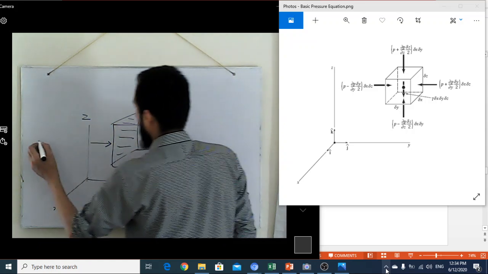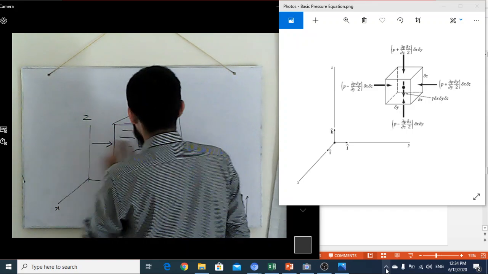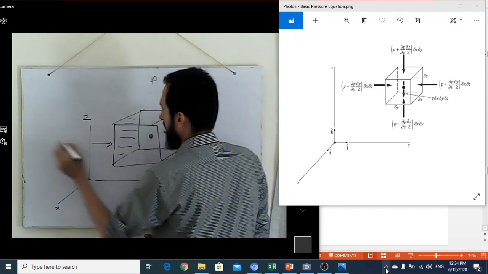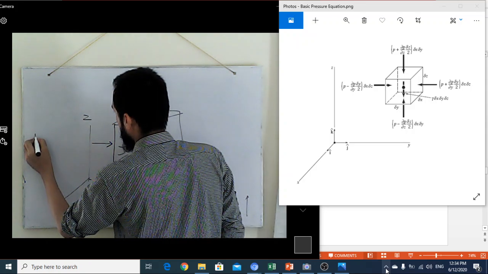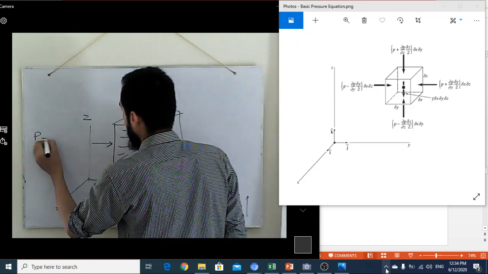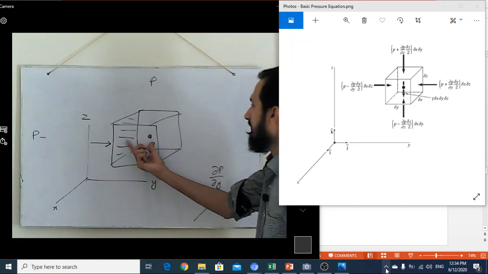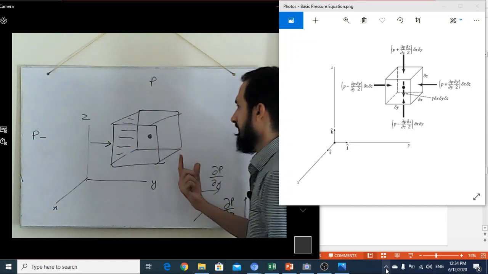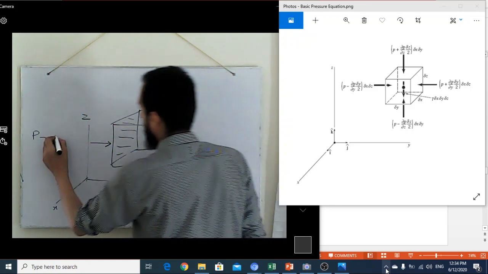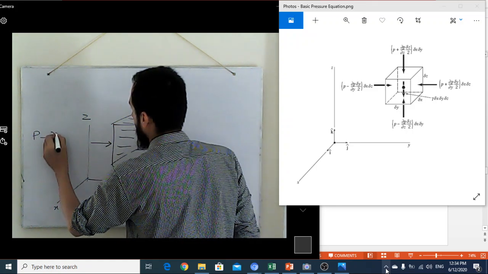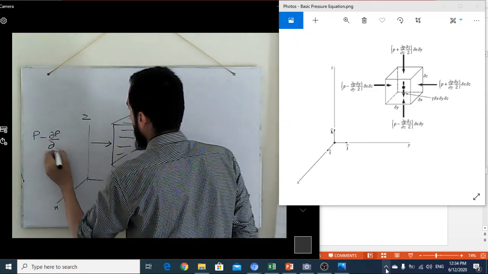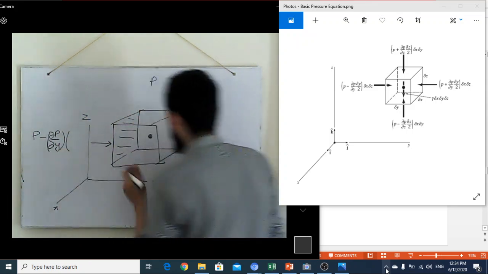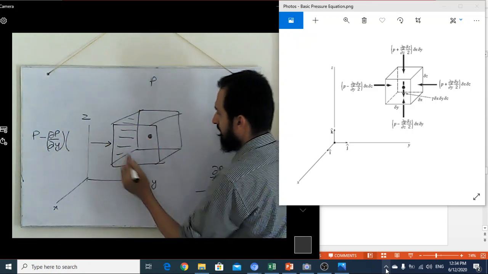Okay, and I am going back to this point. That means I need to subtract from P the pressure gradient in this direction. So what will be the pressure gradient? Dou P over dou y, and up to how much length I need to go back?